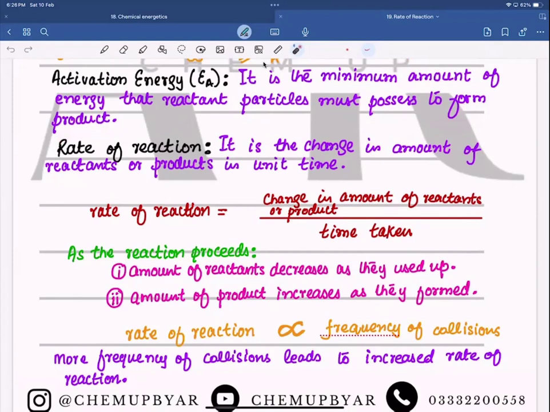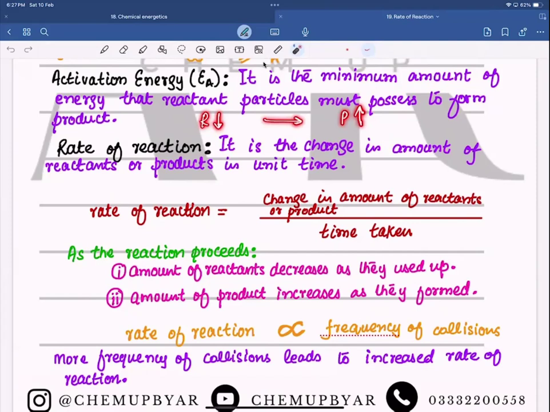Now rate of reaction. So rate is change of something per unit time. That is the simple definition of rate. So here we are talking about a rate of reaction. So what actually occurs in reaction? In reaction, reactants are being used up because they turn into product and products are being formed, right? So the amount of the reactants is decreasing with the passage of time and the amount of the product is being increased with the passage of time.